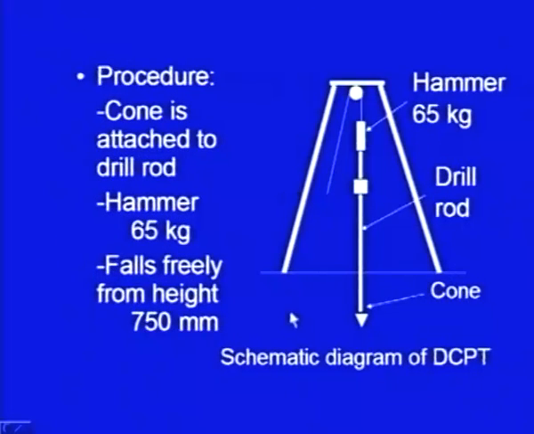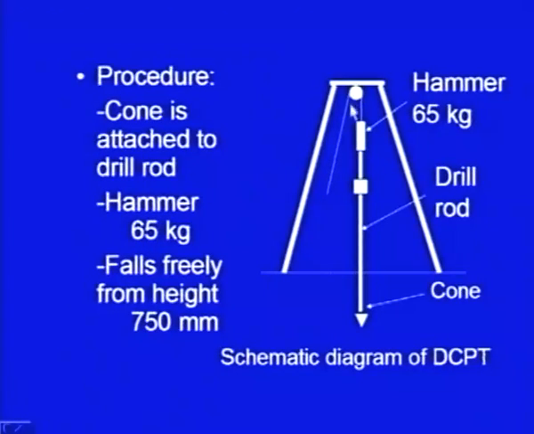Here is a schematic diagram of the dynamic cone penetration test. This is a tripod. It has a pulley arrangement, using which the hammer can be lifted to a standard height. This is the drill rod. Here is the ground surface, and at the lower end of the drill rod the cone is attached. The standard weight of the hammer is 65 kg.